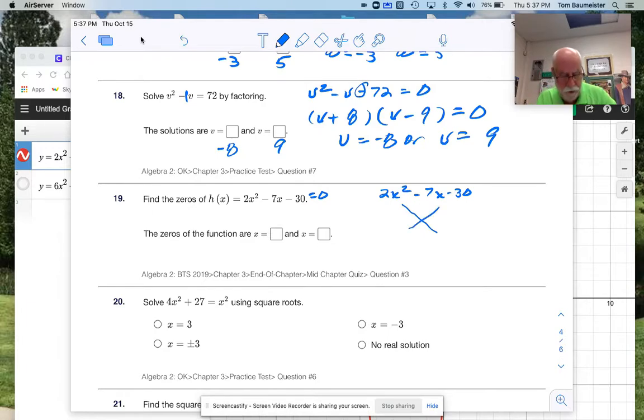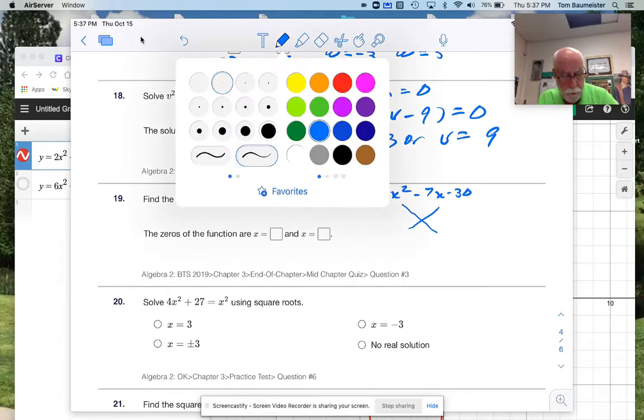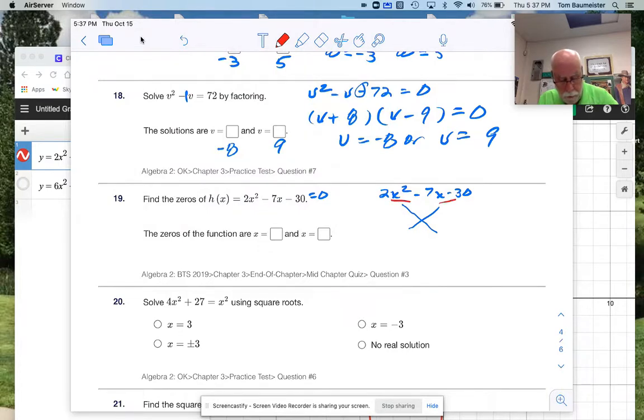So I'm going to take the first term and the last term, and I'm going to multiply them. And I'm going to put it in this top part of the x. That'll give me negative 60x squared. I take the middle term, and I'm going to put that down there. So that'll be minus 7x. Now you're going to ask yourself, what are factors that when I multiply them give me negative 60, and when I add them, give me negative 7.